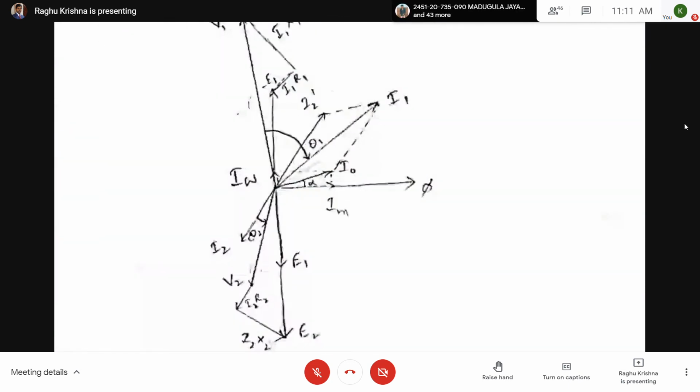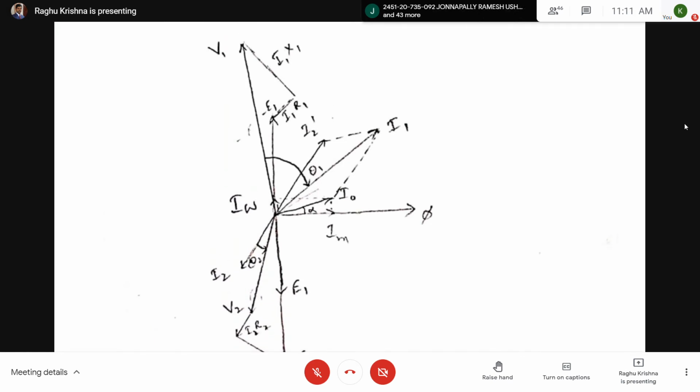Previously I1 is equal to I2 dash. Here I1 is equal to I2 dash plus I0. Are you able to see I1? Yes, please respond. So I1 is equal to I2 dash plus I0.